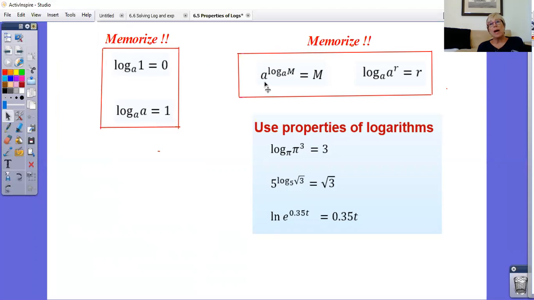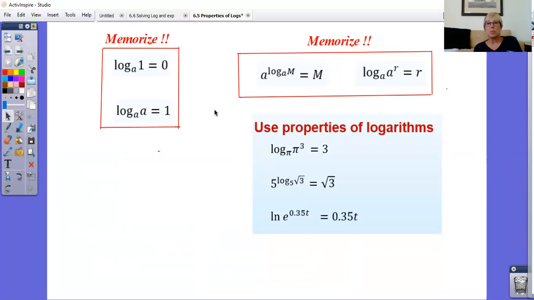Now, if you have a base A and a log shows up in the exponent with the same base, that all cancels out and you're left with just the argument. And if you have a log base A and the exponential shows up in the argument and they're the same, you have the exponent. So things really start canceling out when you get it a little bit more complicated.